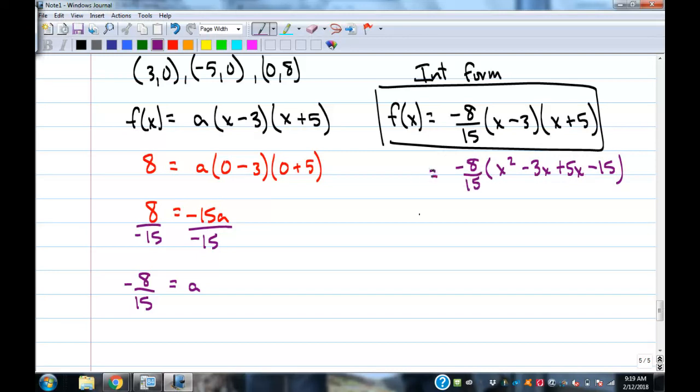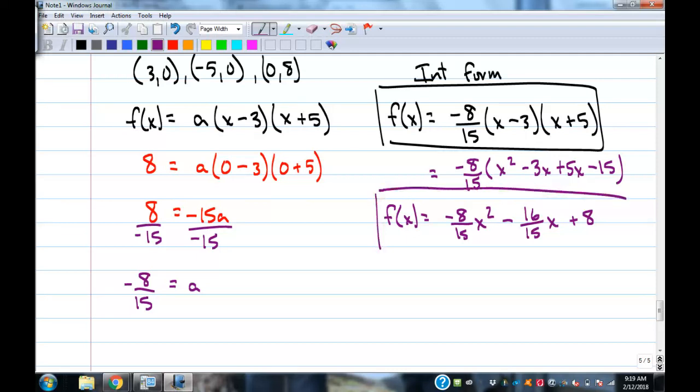So f of x equals negative 8 over 15 x squared minus 16 over 15 x plus 8. Standard.